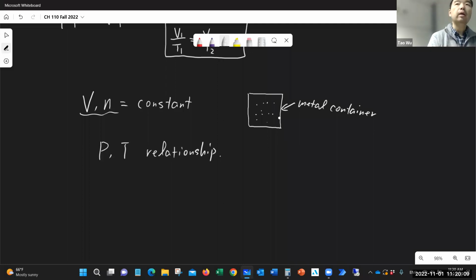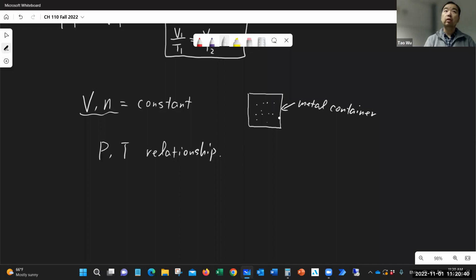So you can think about it. If we have a high pressure cooker, when the pressure goes extremely high, what happens? It probably will explode. So that means if you increase the temperature, the pressure inside will also increase. Why? Imagine a molecule is moving all the time. Increase the temperature, the kinetic energy of the molecule will increase.